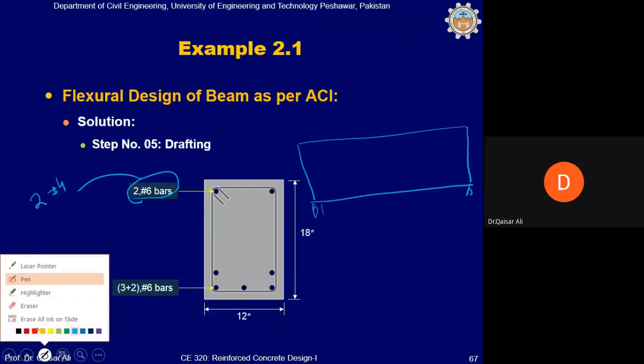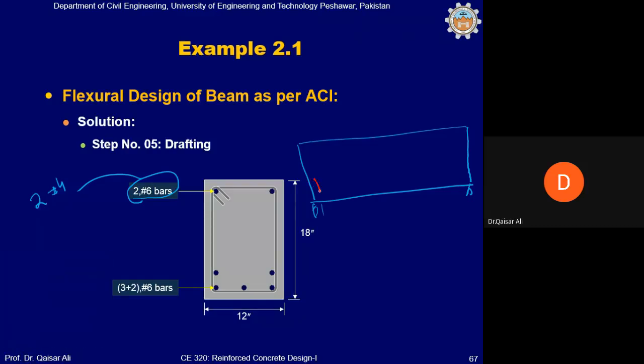Now the bar provided in the first layer. This is the bar provided in the first layer, and the bar provided in the second layer will look like this.